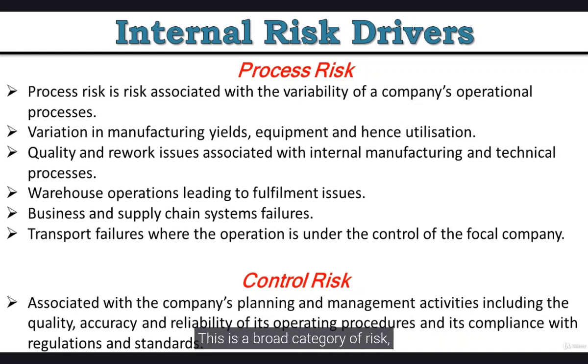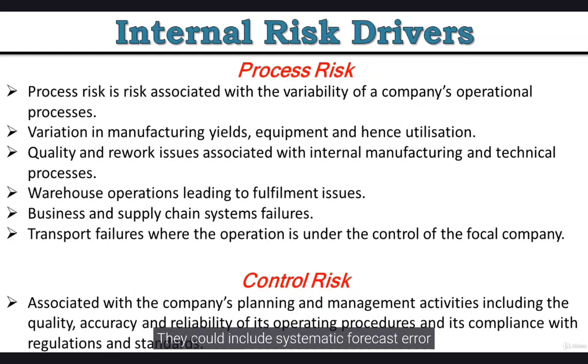This is a broad category of risk which, as explained previously, is the planning and control perspective of the process risk or execution. Control risks are almost invariably self-induced by either omission or commission.